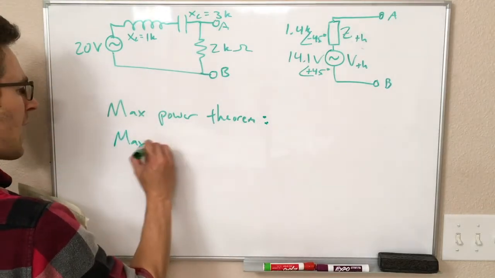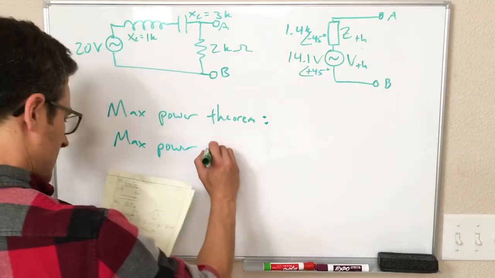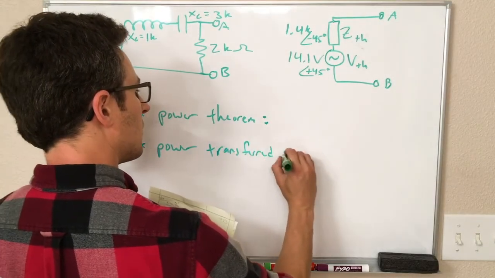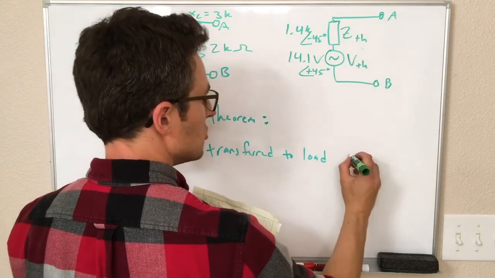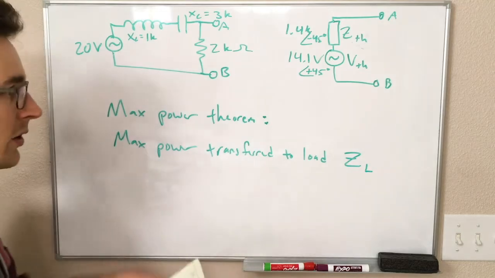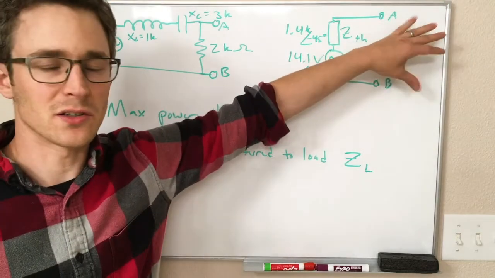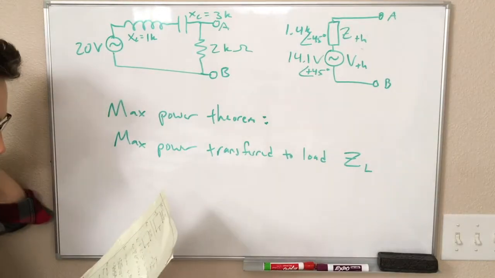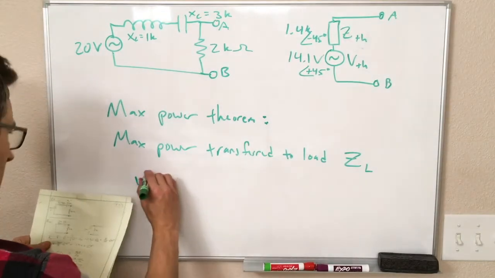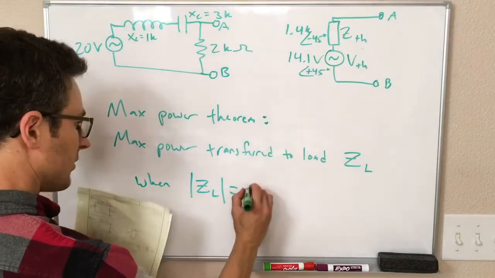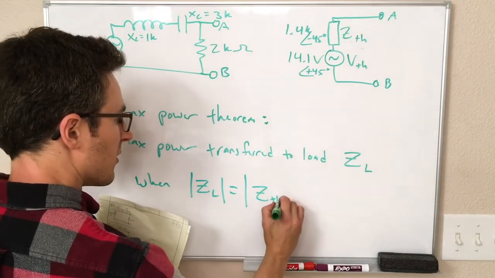We get the maximum power transferred to the load, and this load in general is an impedance also. We could connect a capacitor or an inductor or a combination of all those things between A and B. So the maximum power transferred to the load is going to be when the magnitude of ZL is equal to the magnitude of the Thevenin impedance.